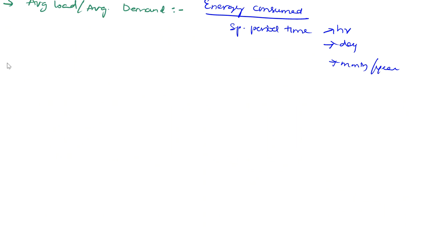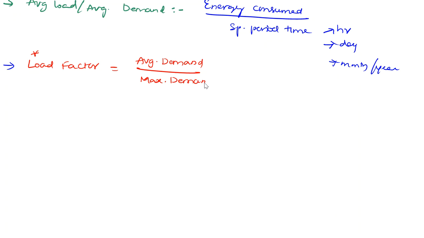Next is the load factor, an important formula, so remember this. It is defined as the ratio of average demand, or average load, to the maximum demand or maximum load, which is also less than 1.